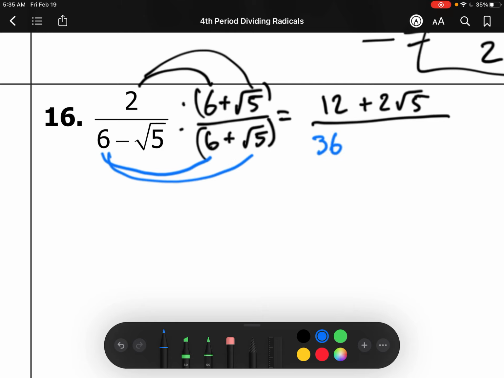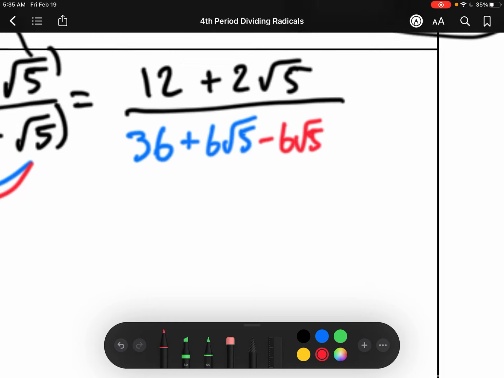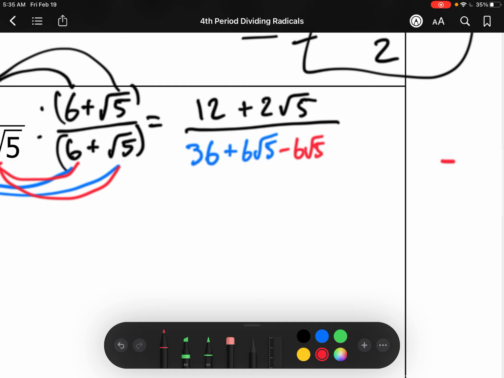And then we have 6 times the square root of 5, which is just going to be plus 6 times the square root of 5, right? I'm going to do the next in red. So now we're multiplying negative square root of 5. So negative square root of 5 times 6 is negative 6 square root of 5. And then negative square root of 5 times positive square root of 5 becomes minus square root of 25, right?